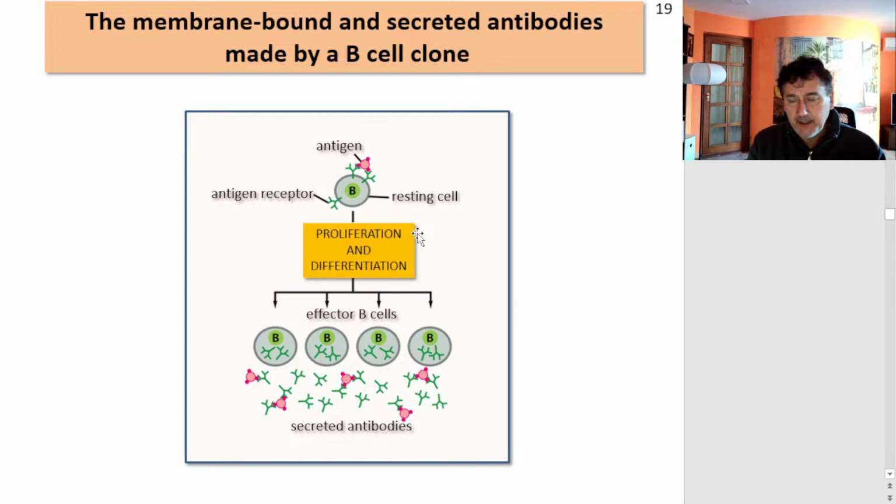So in a particular B cell, the structure of the extracellular part of the B cell receptor is exactly the same as the antibody which will be expressed later. The antibodies do not have a membrane-bound domain, that's why they can be released.